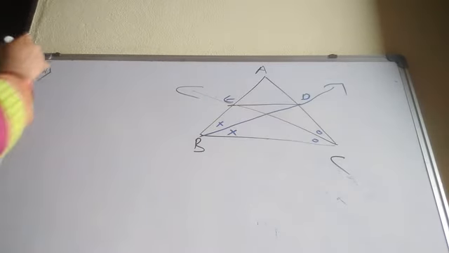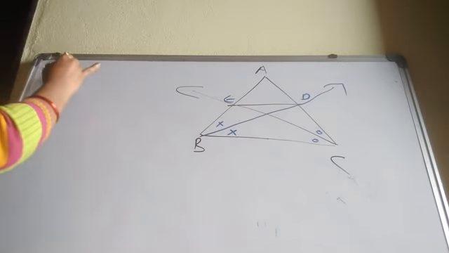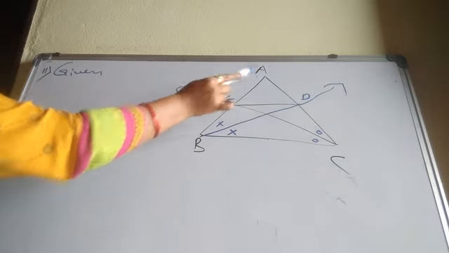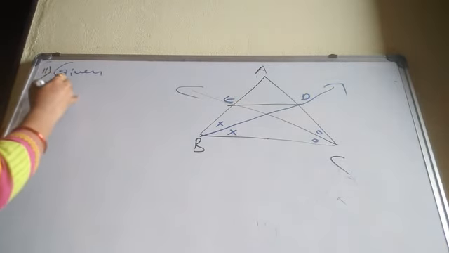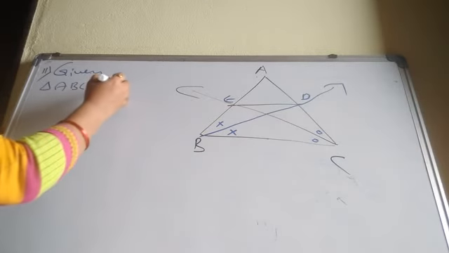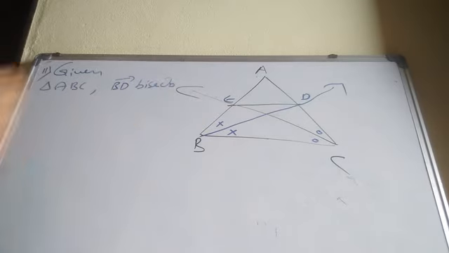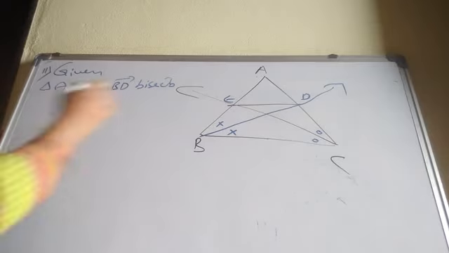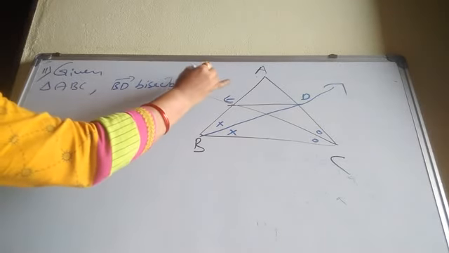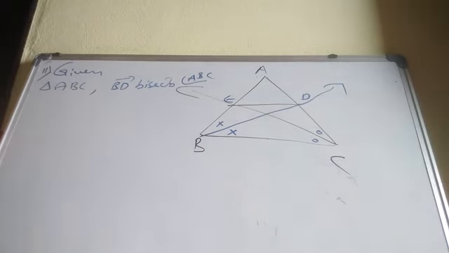Students, now coming to the 11th question. What is given in the 11th question? In triangle ABC, see, here I have drawn a figure. Given triangle ABC. Still, what is given? Ray BD bisects angle ABC. BD bisects, so these two angles are congruent.